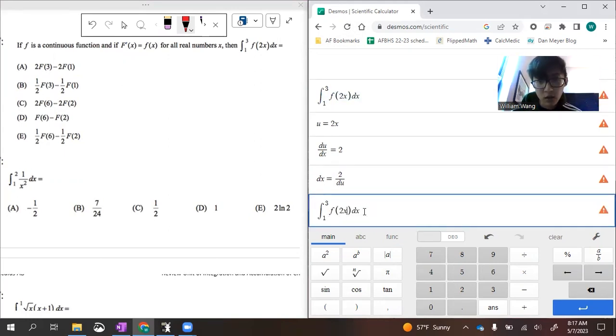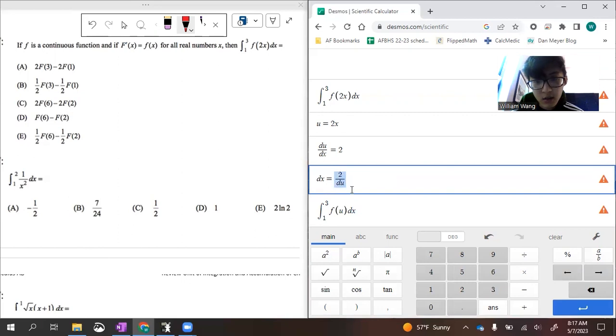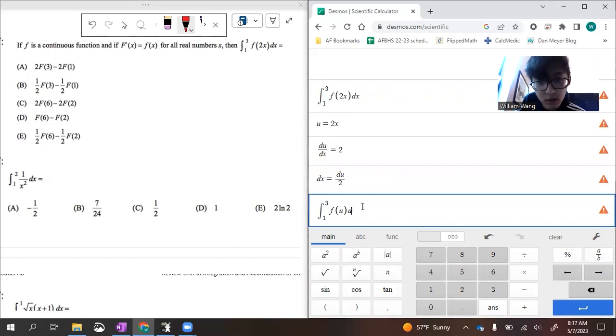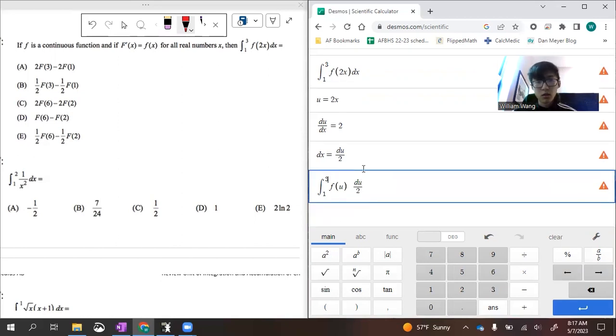Right. So it's f of u. And instead of dx, we said dx is, oh, sorry, it should be du over 2. I miswrote that. dx is du over 2. Cool. I'm going to get rid of the 3 and 1 because those are in terms of x right now. So I integrate f of u.